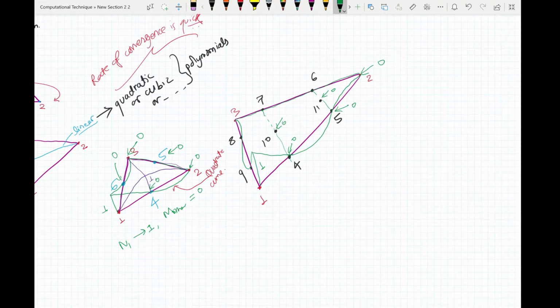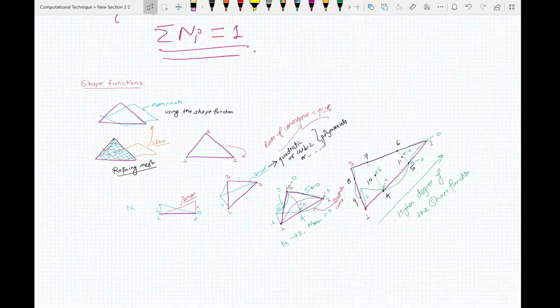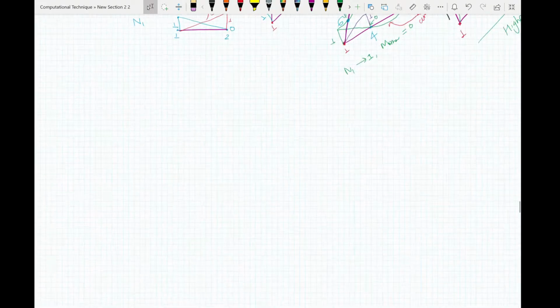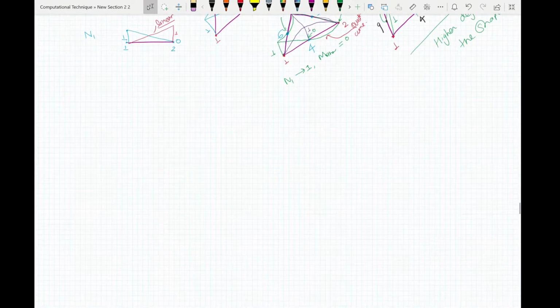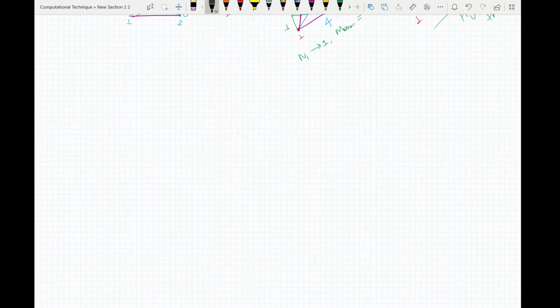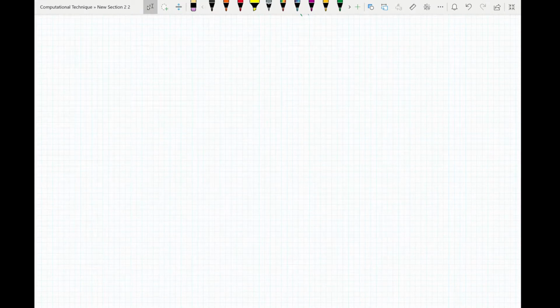Now this is the definition of the shape functions, and as you can see, the higher the number of nodes, the higher the degree of the shape function. Now let's go back and look at our Pascal's triangle. So your Pascal's triangle for xi and eta natural coordinates, we will have 1 here, xi, xi square, xi cube, eta, eta square, eta cube.